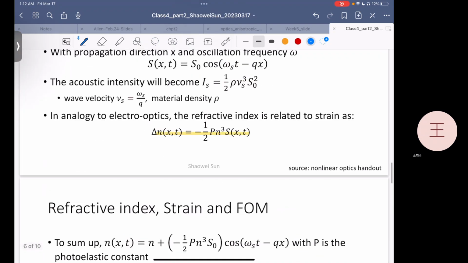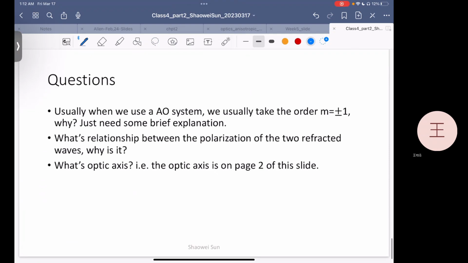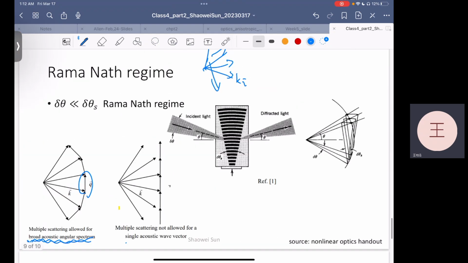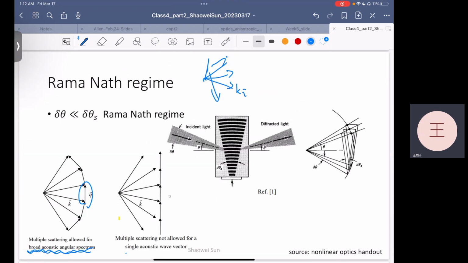So I think I kind of said all of it. Just to specially mention, if we have theta much smaller than theta, then it means that only one wavelength along a certain direction matches the Bragg condition.